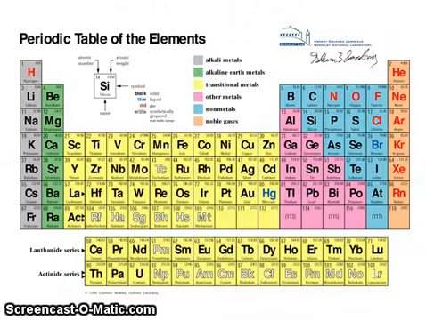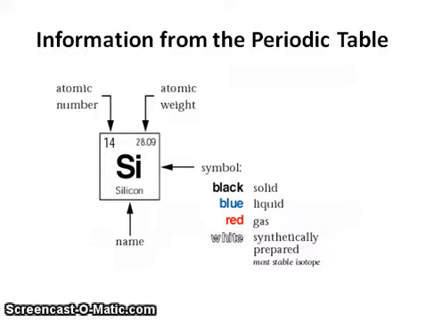And here we have the periodic table, and we see all the elements are here all around. We're going to take a closer look at this element that we have here on the top, because this is going to explain to us how to get the information from the periodic table. So we have here this element, which is silicon.